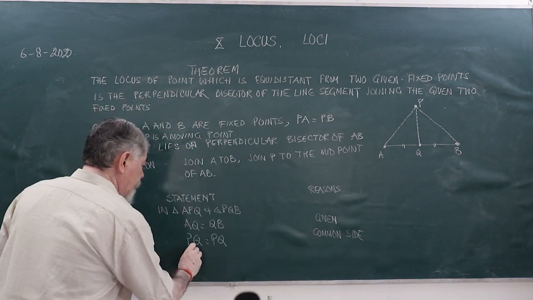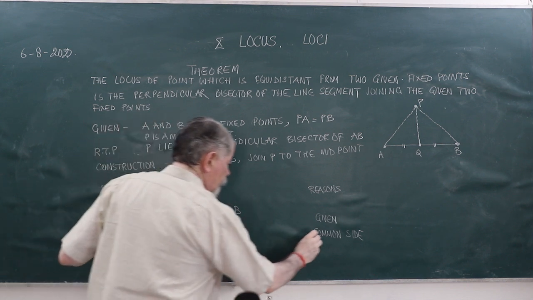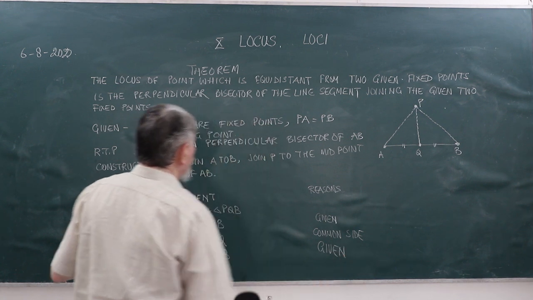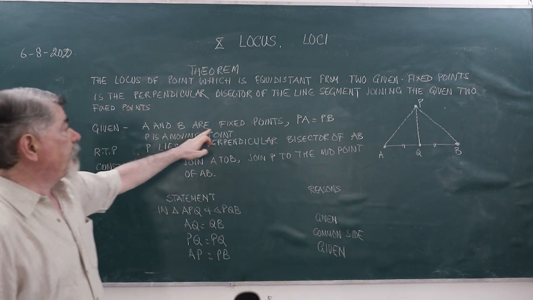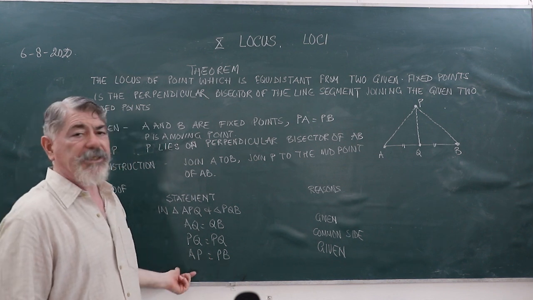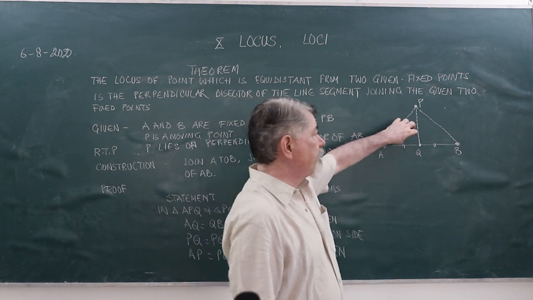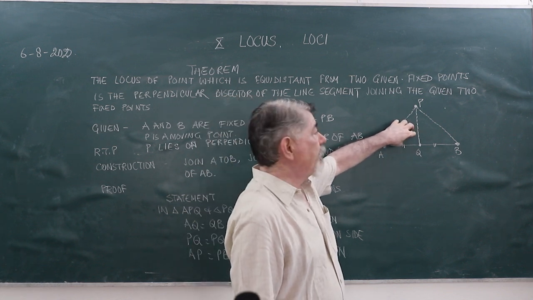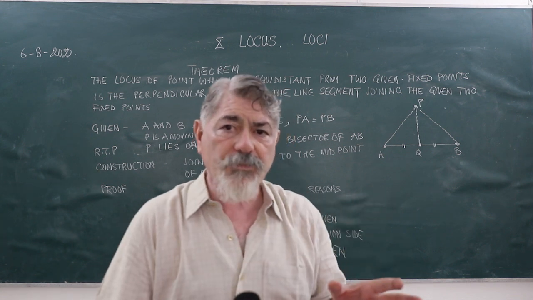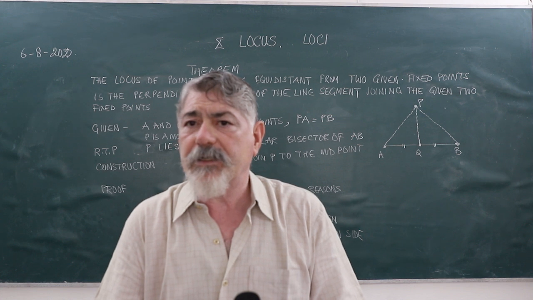And AP is equal to PB. It is also given. If you see what is given, you will find here, given is A and B are fixed points, PA is equal to PB. AP is equal to PB or PA is equal to PB, one and the same thing. So all the three sides of this triangle are equal to all the three sides of the other triangle.